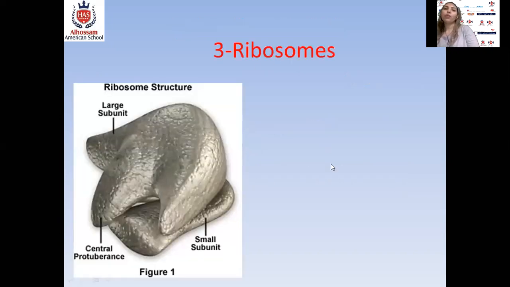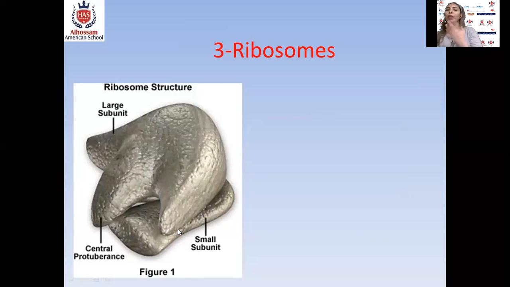Number 3, ribosomes. So we started with layers from outside: cell wall, cell membrane. Cell wall is found in fungi, bacteria, and algae. Cell membrane is found in all eukaryotic cells. And then we'll start with organelles. So number 3, ribosomes. As you can see here from this picture, ribosomes consist of 2 parts, large subunit and small subunit.